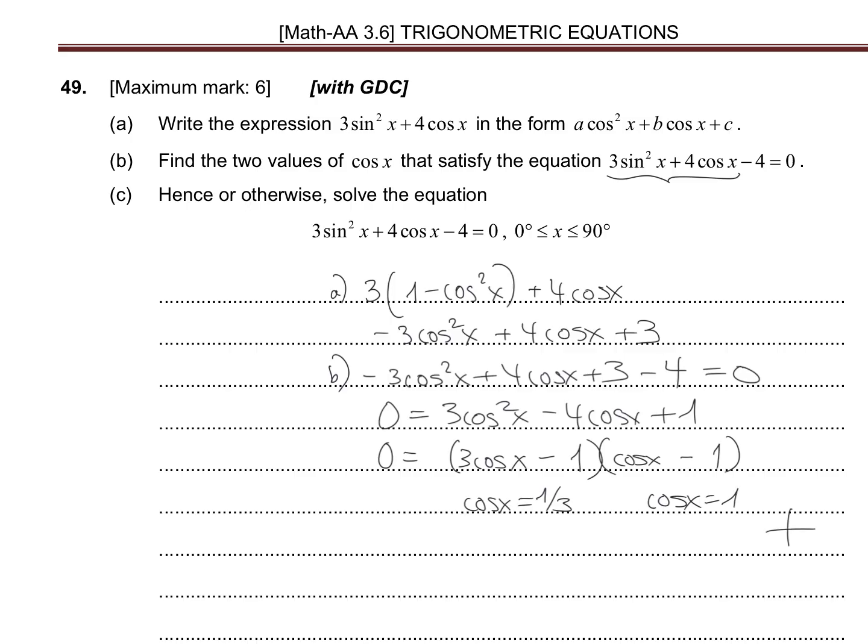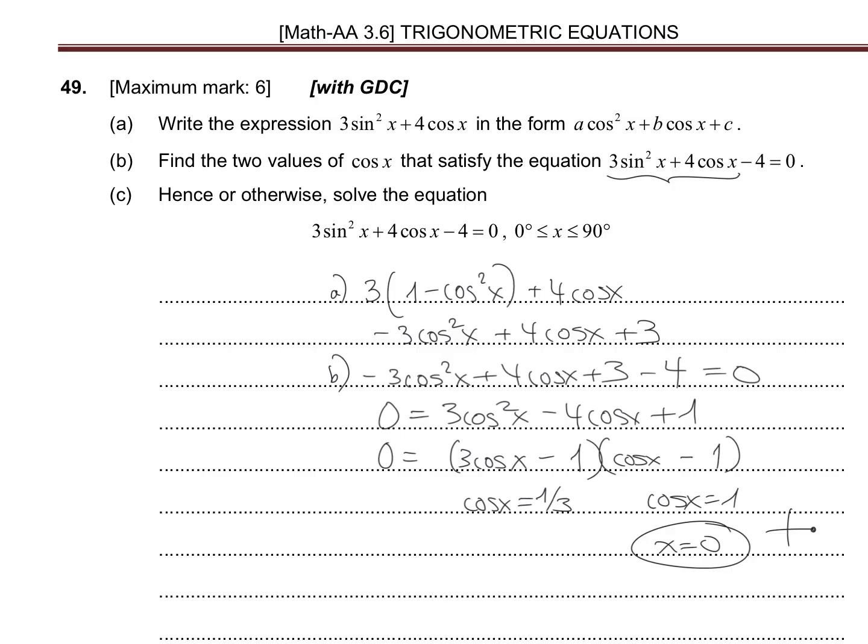So this one is straightforward. Cosine x is 1 here, so x is 0. Okay, so the two values of cosine x for B are 1/3 and 1. And then it's saying solve. So 0 to 90.